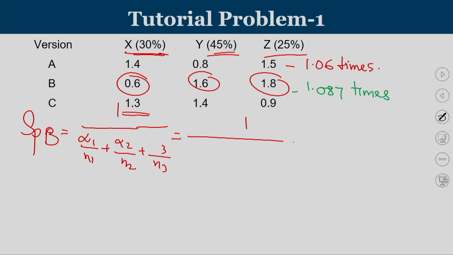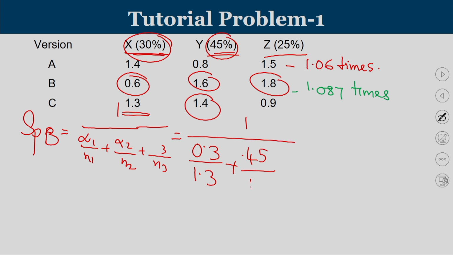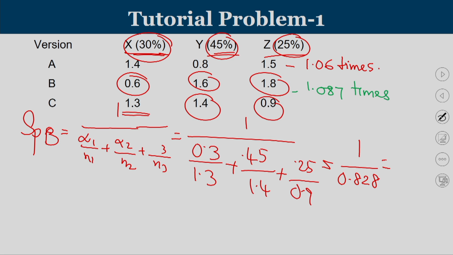So, 1 divided by 0.3, that value you get from here, by 1.3 plus 0.45 divided by 1.4 plus 0.25 divided by 0.9, and this will add up to a result of 0.828, and that is equal to 1.20 times. So, the last one is going to give us 1.20 times performance.